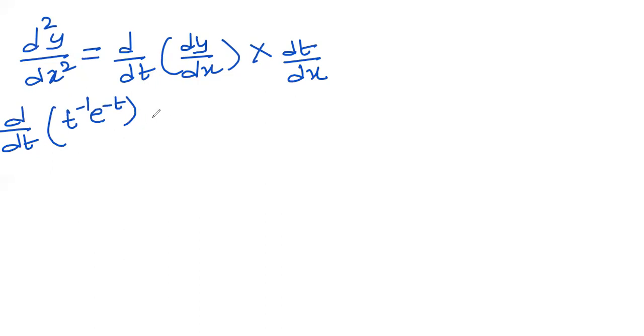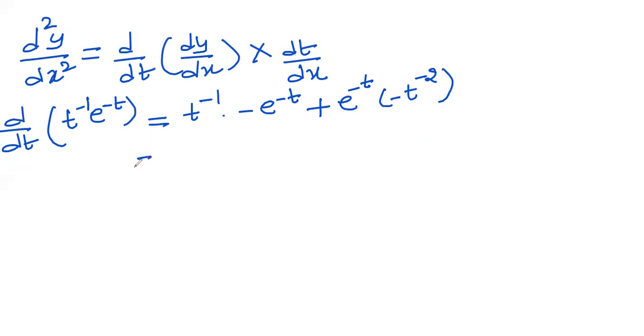So this is going to be the product rule. So when you differentiate this, we have 1 t to the power of minus 1. Differential of e power minus t is going to be minus e power minus t, plus e power minus t we have, and differential of t to the power of minus 1 is minus t to the power of minus 2.